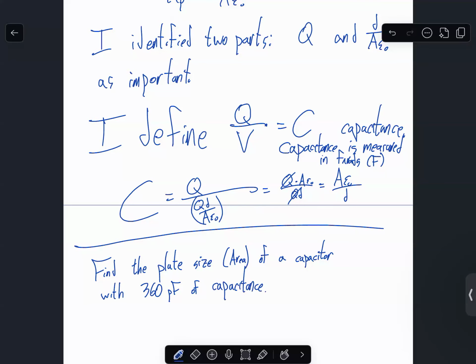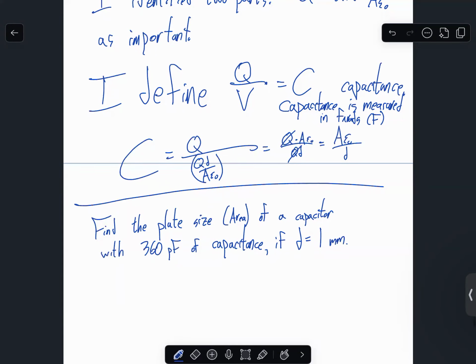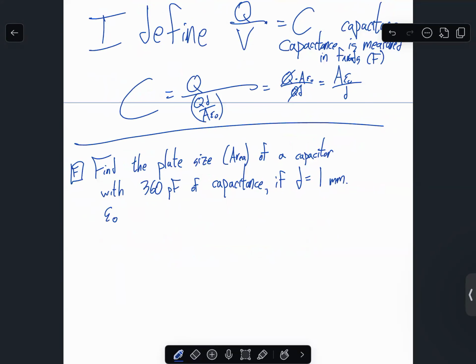We're going to find the plate area, plate size. Find A for a capacitor with 360 picofarads of capacitance if the distance between the plates is, what is the actual practical value? About a millimeter. This will be Google question F. Plug in numbers. I will also remind you, 10 to the minus 12.